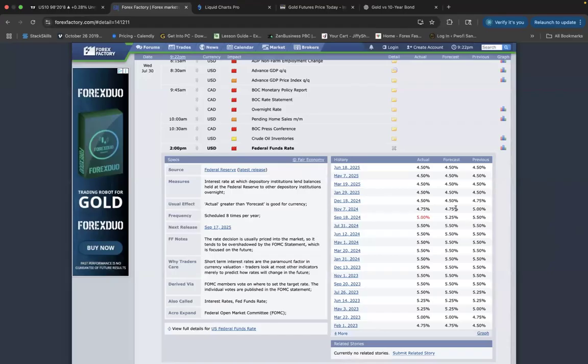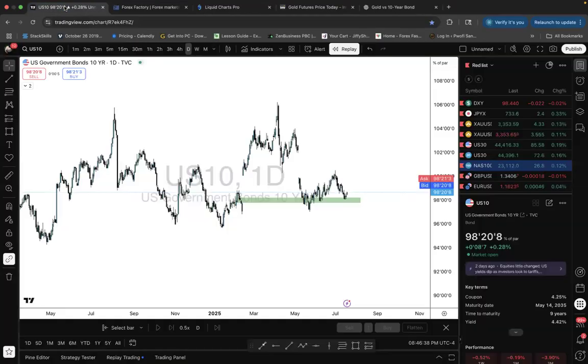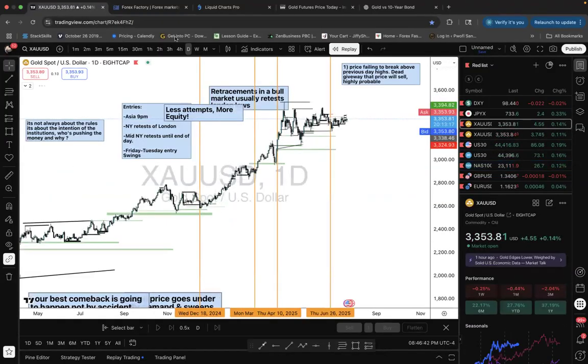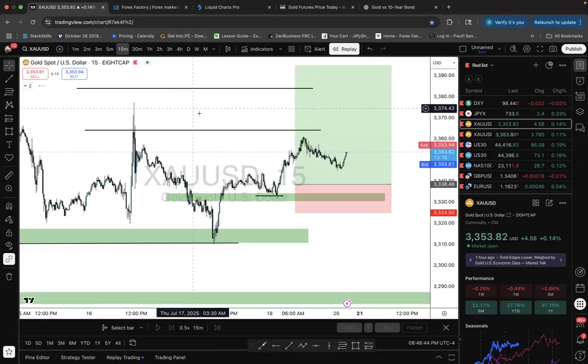Now, are interest rates going to rise by the end of the month? I don't know. Are we going to finally see Jerome Powell and his people decide that we're going to go down at least 0.5%?